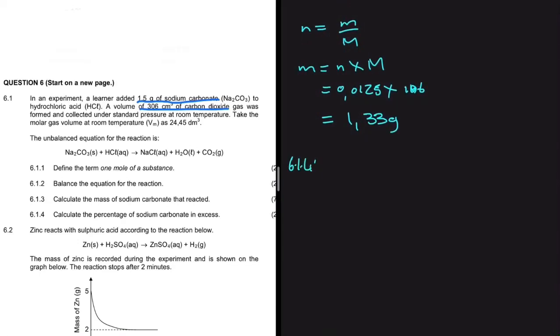Let's do 6.1.4. Calculate the percentage of sodium carbonate in excess. So we have the mass that reacted, right? We have the mass initial that we started with, right? So we can find the mass in excess, right?